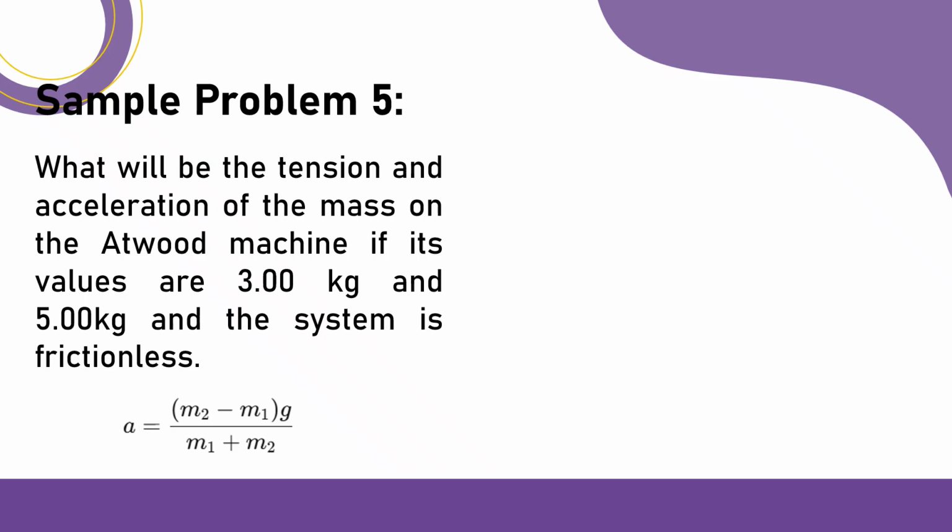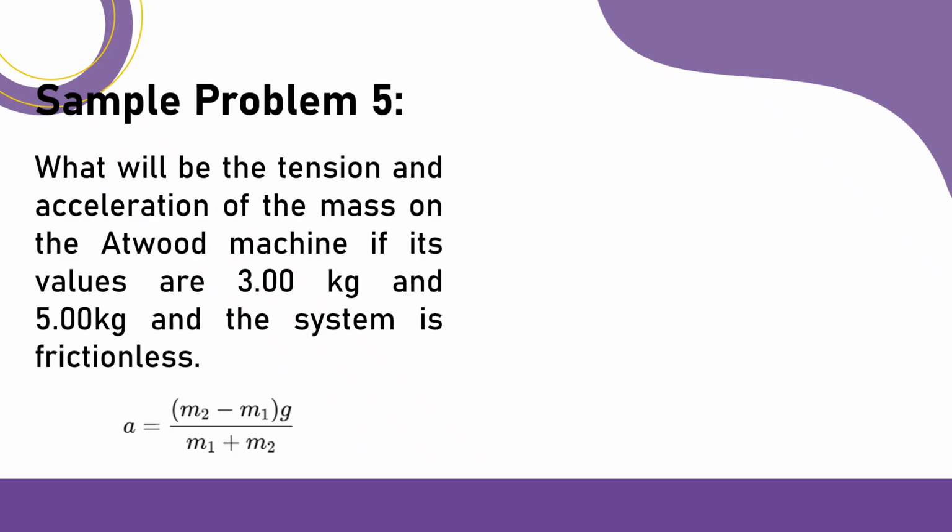Let's have a sample problem. What will be the tension and acceleration of the masses on the Atwood machine if its values are 3 kilograms and 5 kilograms and the system is frictionless? We're going to use the formula of acceleration based on Atwood: A is equal to M2 minus M1 multiplied by gravity, divided by M1 plus M2.